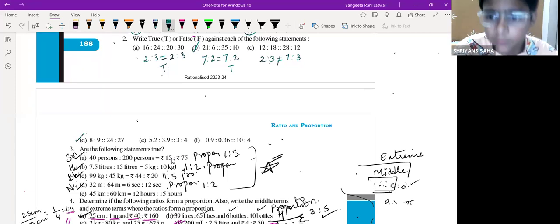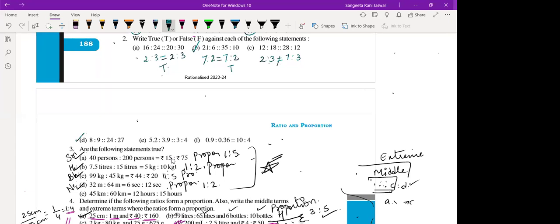Ma'am, they are in proportion. Okay, so when you reduce this by 3, you get 8 and 9. True. Okay, Adya, you tell me E bit. Is it true or false? Yes, ma'am, 1 minute.